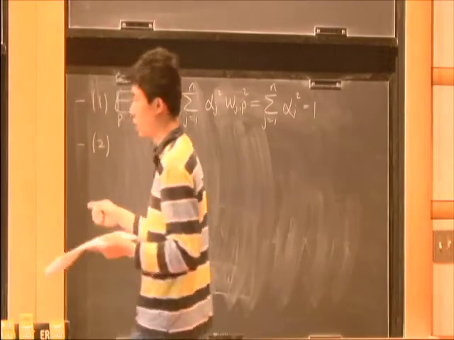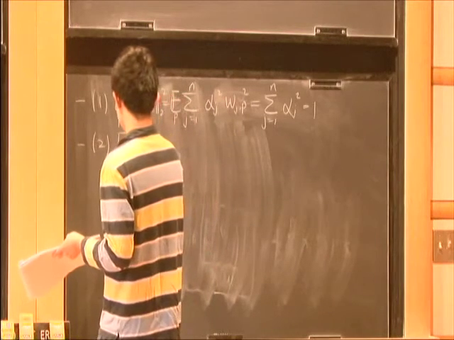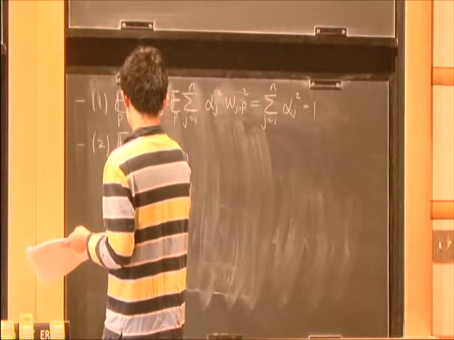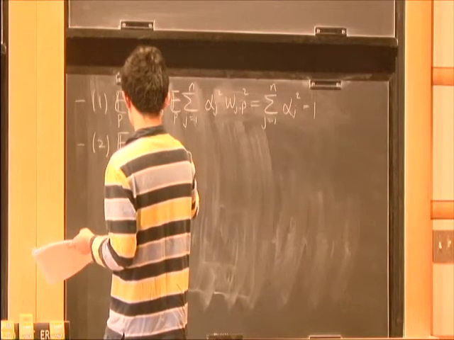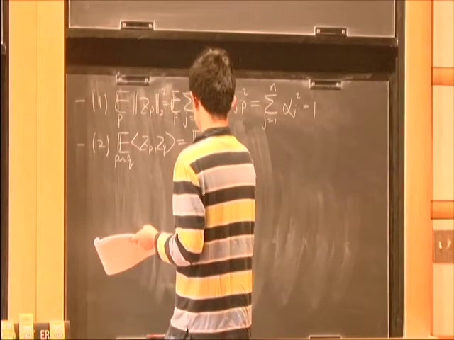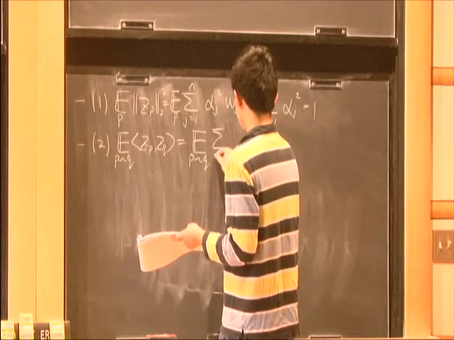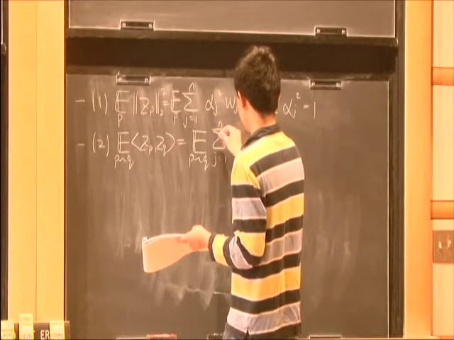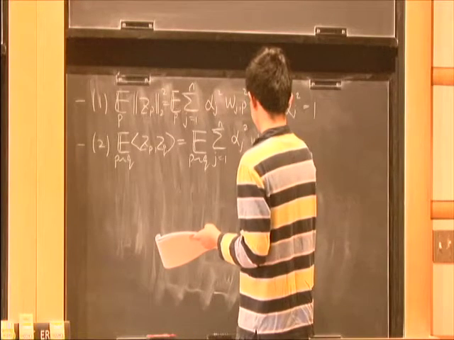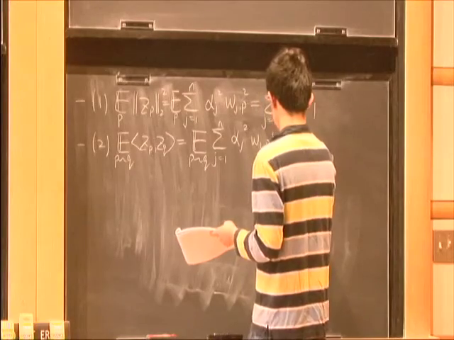Also for the second one, the expectation over an edge, ZP, ZQ, is expectation over an edge, sum from j alpha j squared, wjp, wjq.